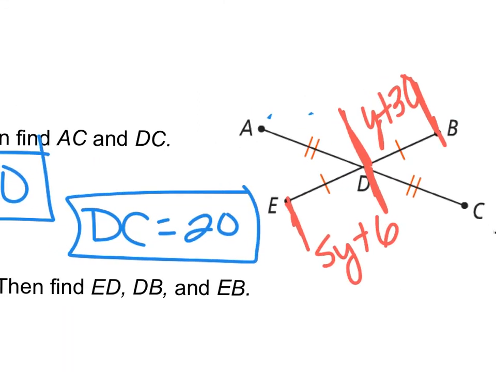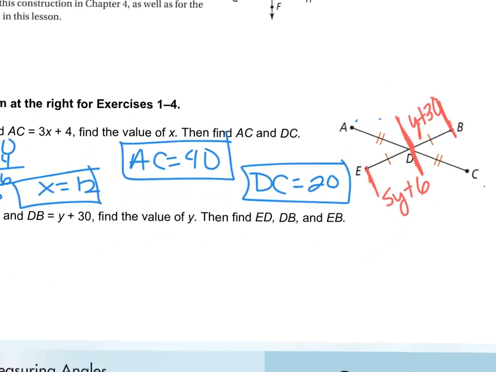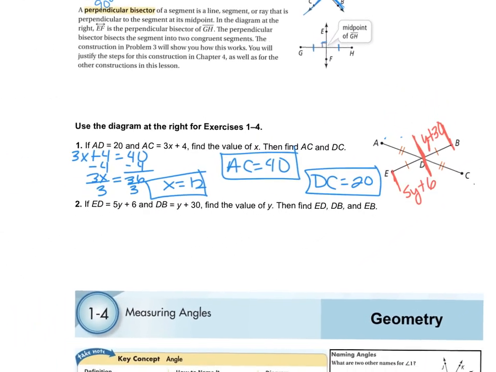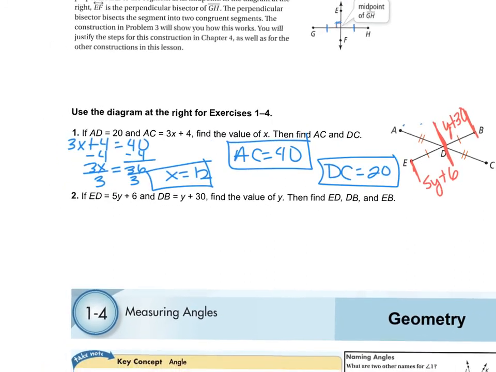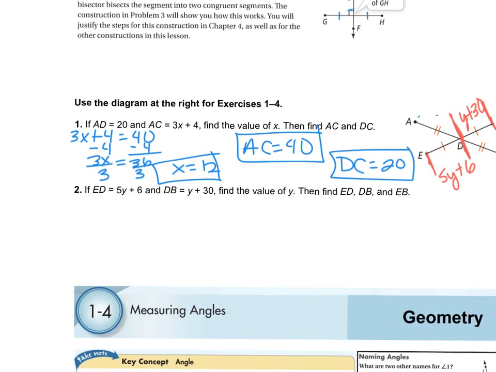Well, looking at this, you can tell they are congruent, so they must equal each other. So you're going to set them equal to each other. I've got 5y plus 6 equals y plus 30, and then let's solve. I'm going to subtract 6 from both sides.